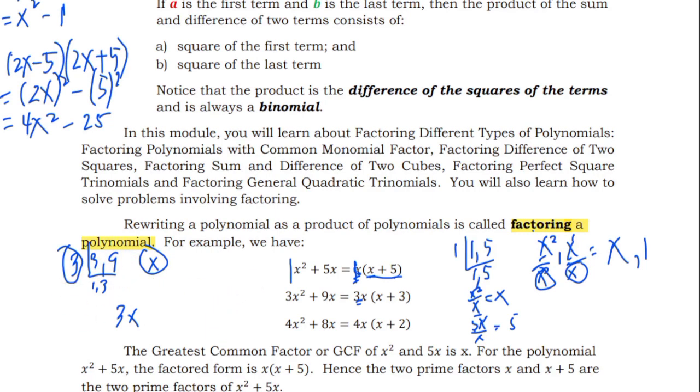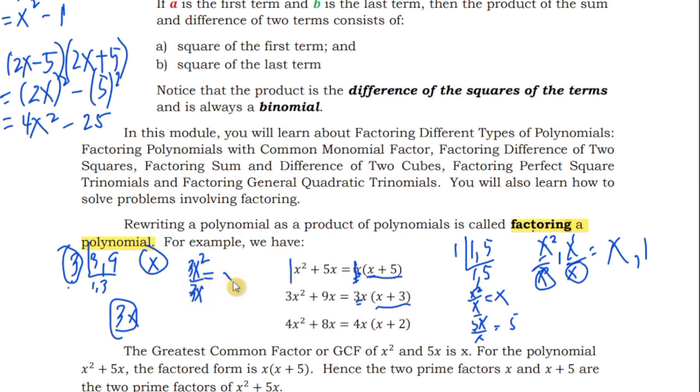So next thing that we should do for this is, since the first given term is 3x, divide 3x squared by 3x, because that is the product that we have here, to get the second factor. So 3x squared divided by 3x, cancel.